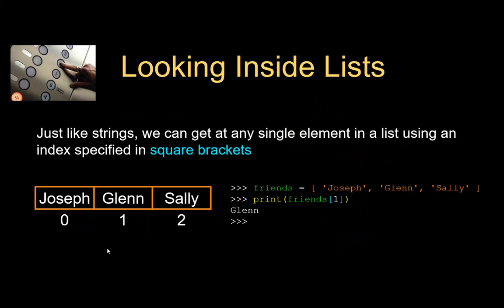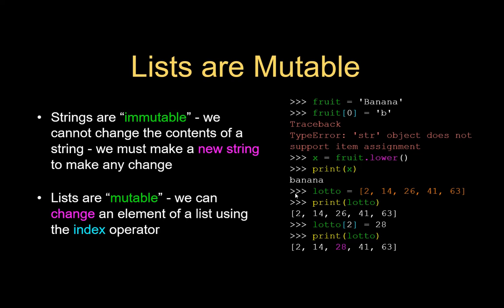So going back here real quick, this is the index operator here. So we identified the value, number, position that we want to modify or call upon, and that's how we use it. So in this case, because the lists are mutable, we can modify the content of a list.